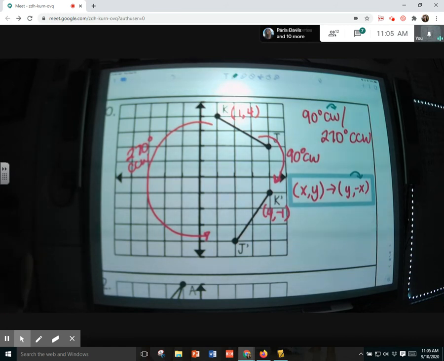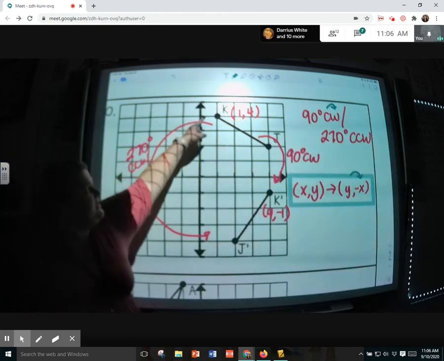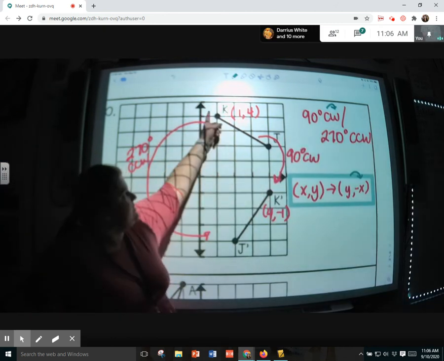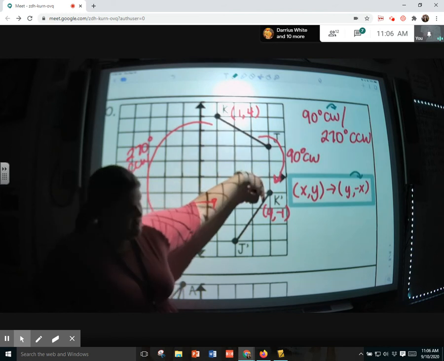They should be on the same lines. K is not on the line with anything, and J is on the same line as K prime. So it's obviously not a reflection. It is a rotation. You have to pay attention to the primes, because K is over here, and then it ends up over here. So it is turning, it's not flipping.